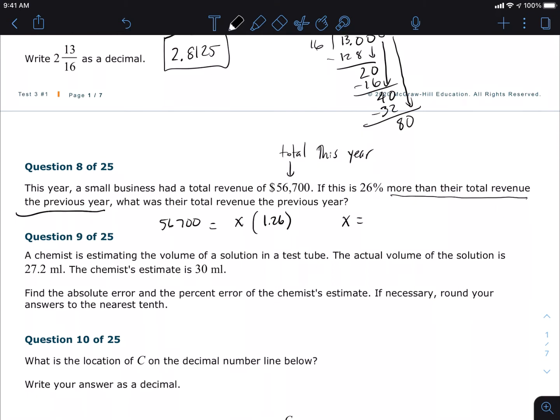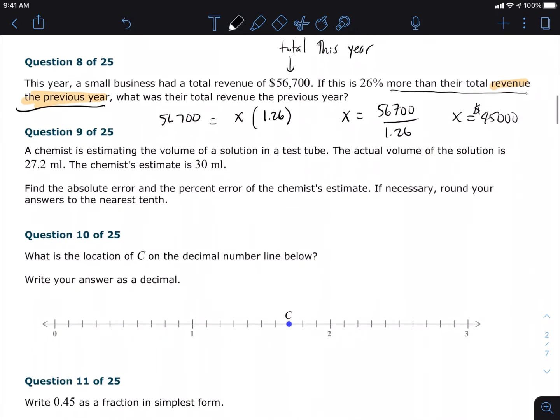So X is equal to 56,700 divided by 1.26. So the revenue was 45,000. Does that make sense? The subtle difference? The big difference there is it was based off of the revenue from the previous year. Okay? My apologies. Okay, next problem.